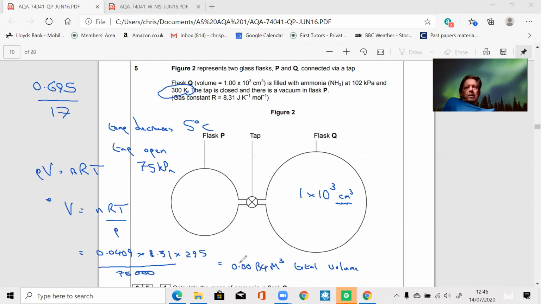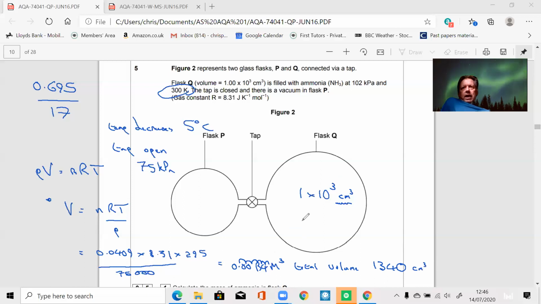So we move the decimal point 6 times. 1,340 centimeters cubed.